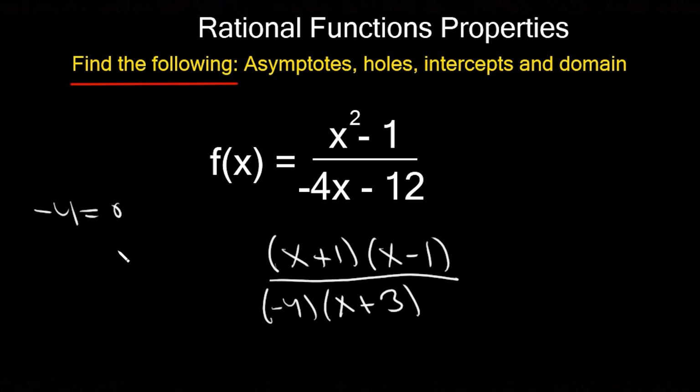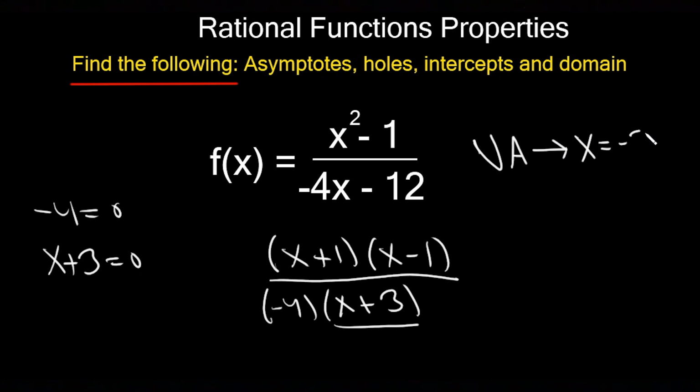I can't solve for anything, right? So that doesn't help me. But then looking at this factor here, if I solve that one, I get x plus 3 equal to 0, and that will give me x is equal to negative 3. So I have a vertical asymptote at x is equal to negative 3. I'm going to put VA here for vertical asymptote. I'm going to draw a line, and I'm going to say x is equal to negative 3.